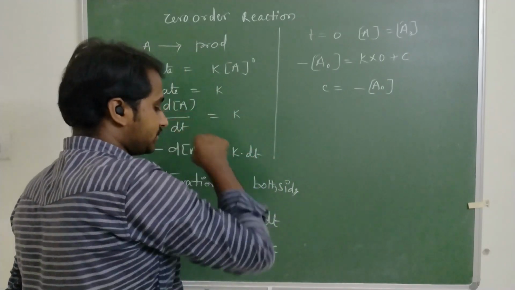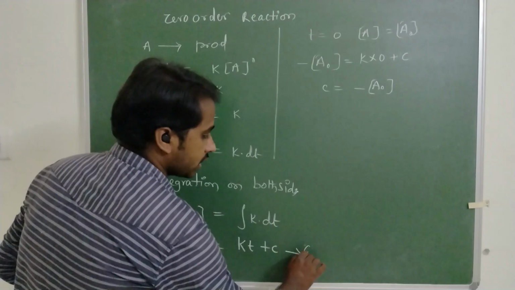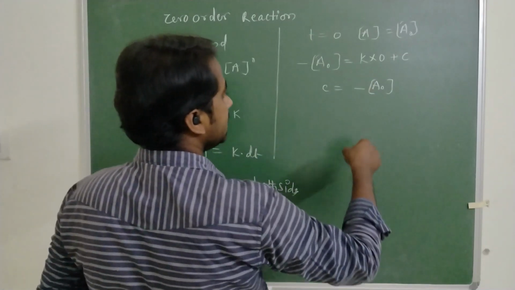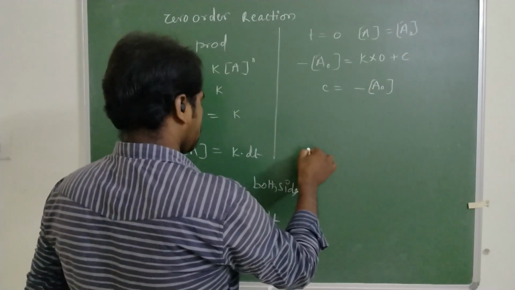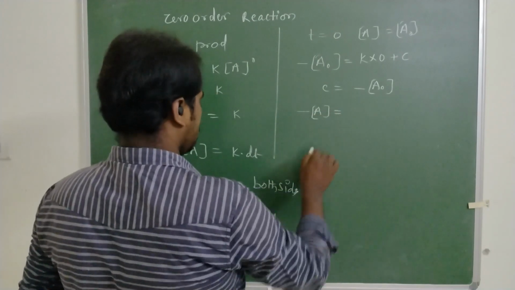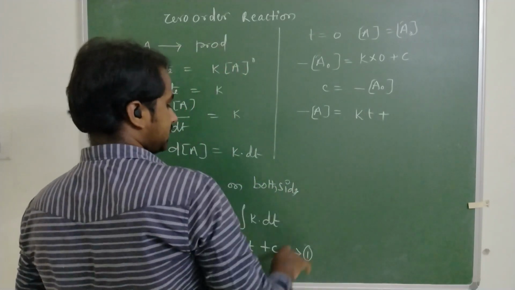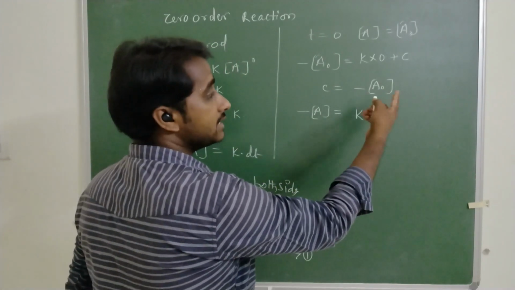Let this equation be 1. Now substitute C in equation 1. So minus A is equal to Kt plus C, and the C value is minus A naught.